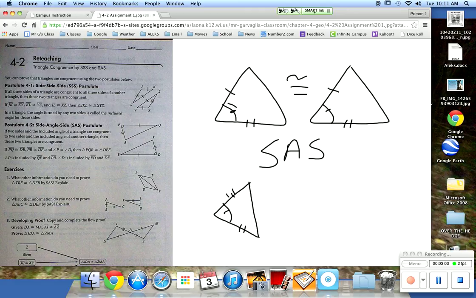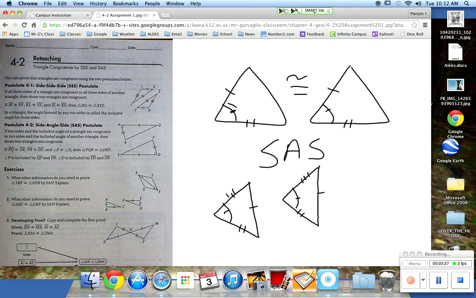So if I take another triangle and I say this side to this angle to this side, these sides will always be the same. Okay? Side, angle, side. If you have that in your two triangles, then the triangles are congruent.